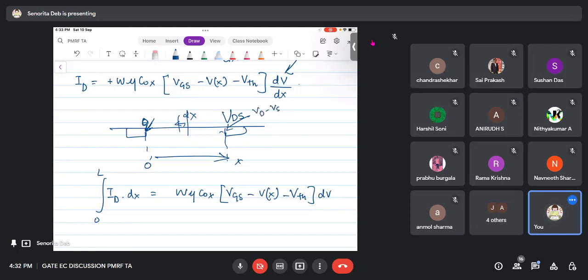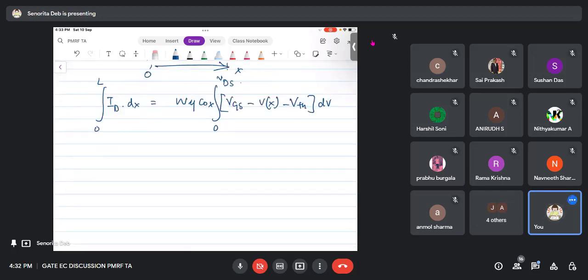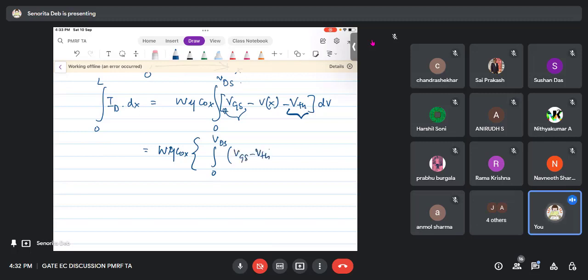Now if you integrate it, what equation will you arrive at? VGS minus VTH you can club together, because these are constants. So let me write W mu COX, 0 to VDS, (VGS minus VTH) into dV, then minus 0 to VDS, V into dV, and here it is ID, 0 to L, dx.